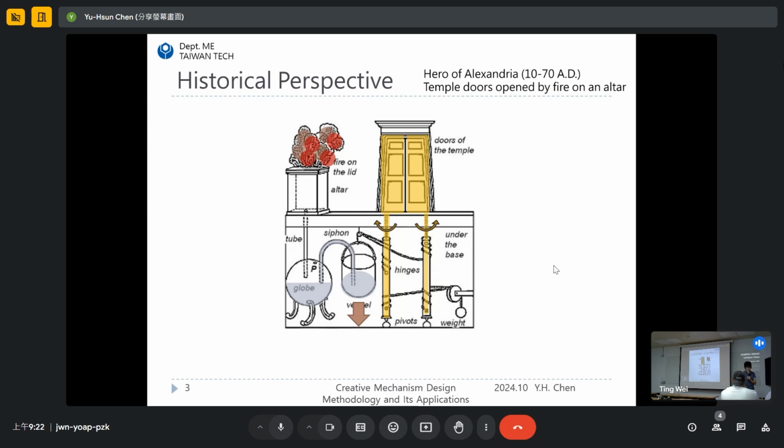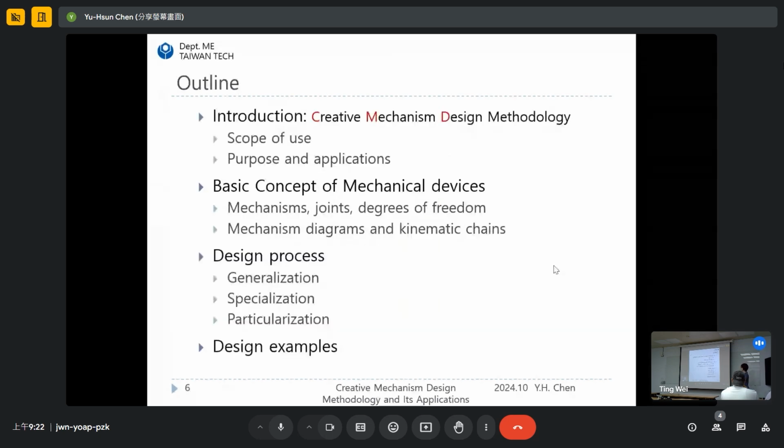Okay, so the methodology we will introduce today, its scope of use is to generate the mechanism structure. At first, we will give a brief introduction to this methodology, and then we will take a brief review of the basic concepts of mechanical devices.